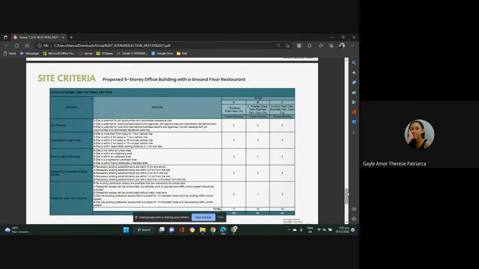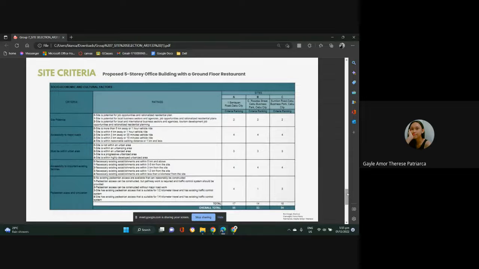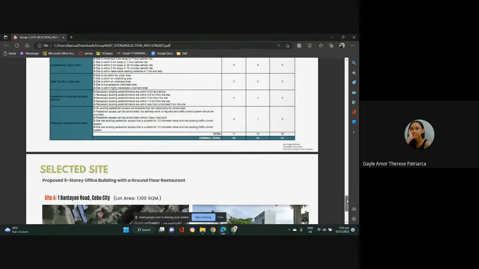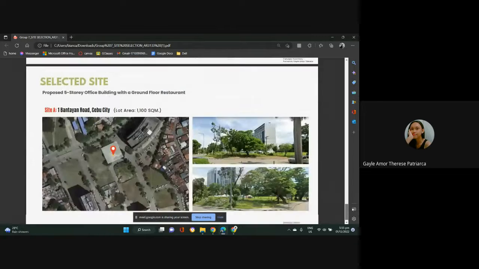In total, Site A has the highest rating points with 55. So the chosen site is Site A in One Bantayan Road, Cebu City. The site selection shows that the points added from the two major factors summarize the highest and most suitable site for the proposed project, which is Site A.